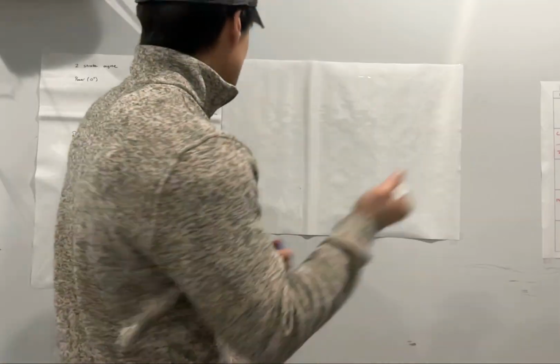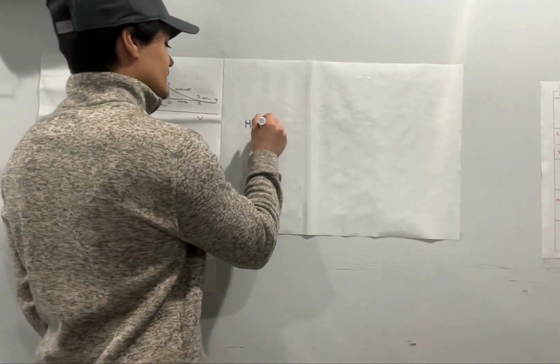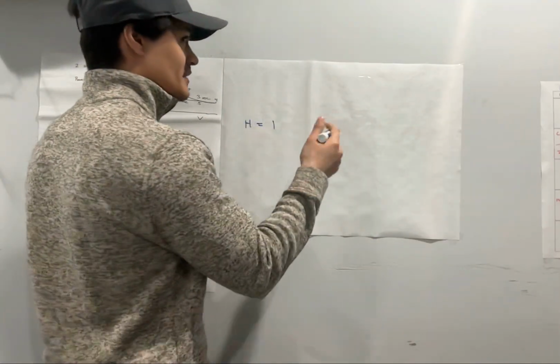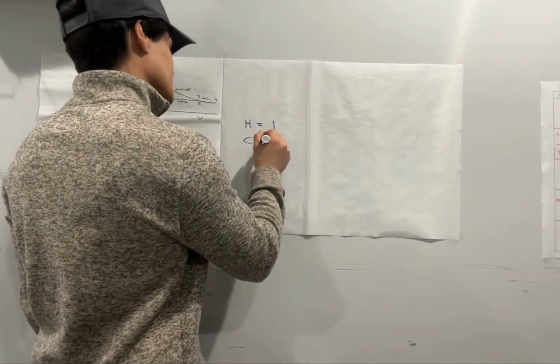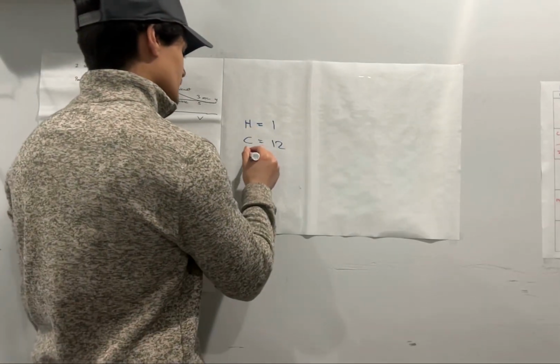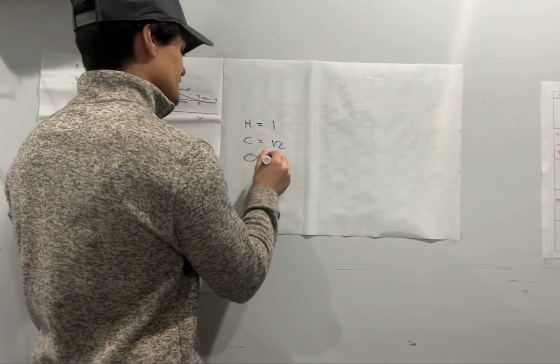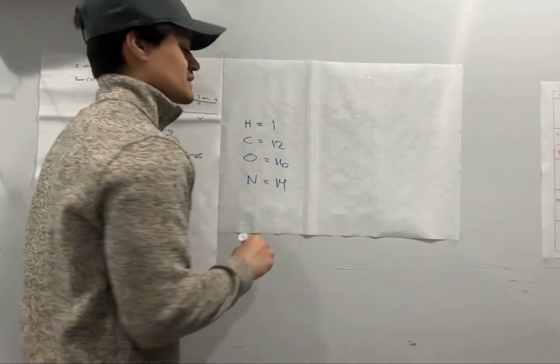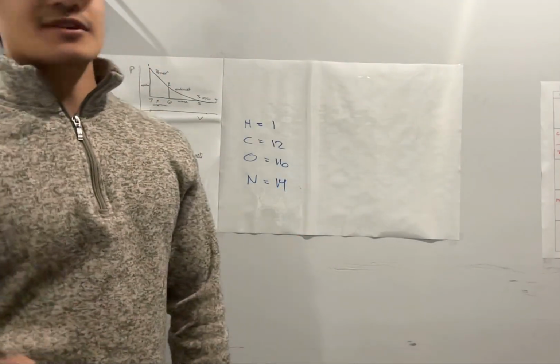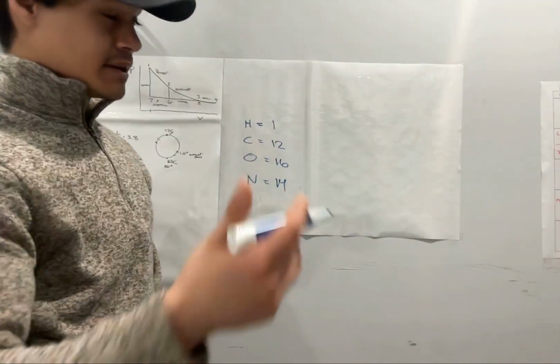Another rule of thumb: hydrogen molecular weight is 1 gram per mole. Carbon is 12. Oxygen is 16. And nitrogen is 14. That's just something you should know. Helium is 2.